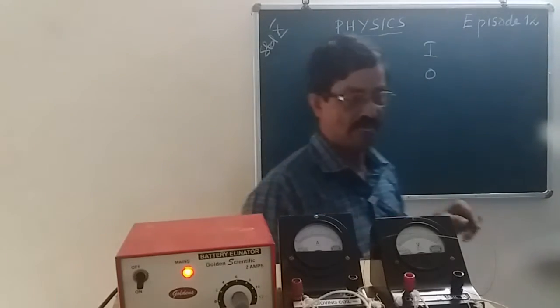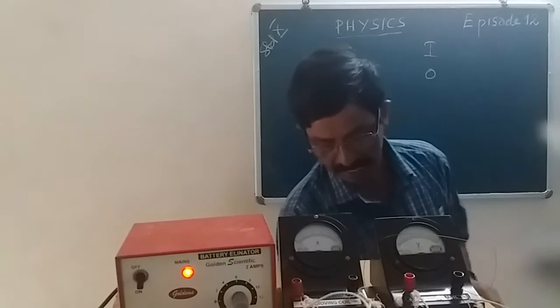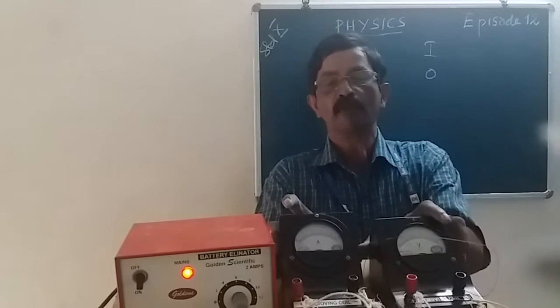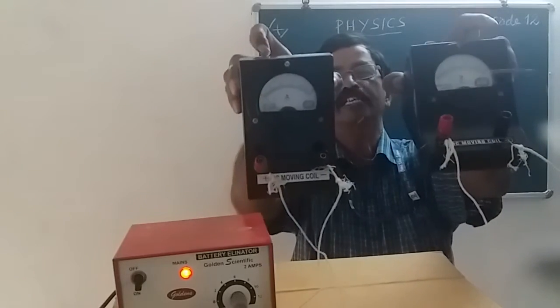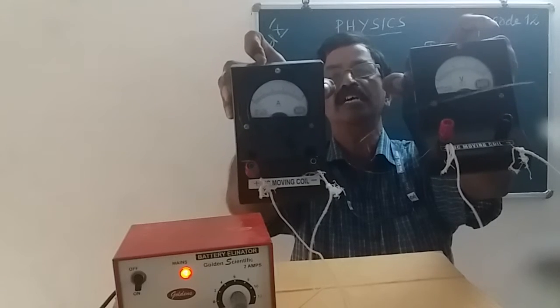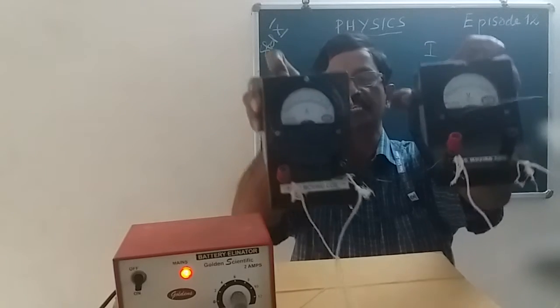Now I am going to apply a potential here. See, a potential of 2 volt is applied. Now you can see the readings of the ammeter and the voltmeter.